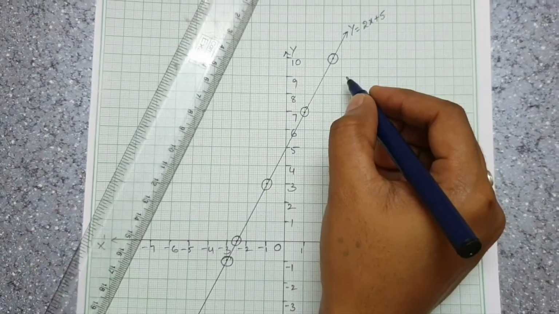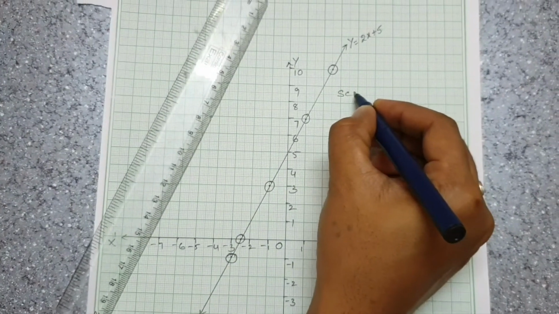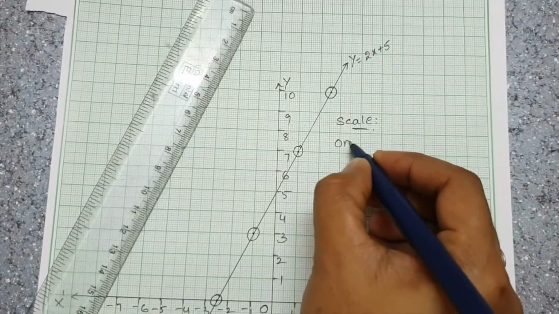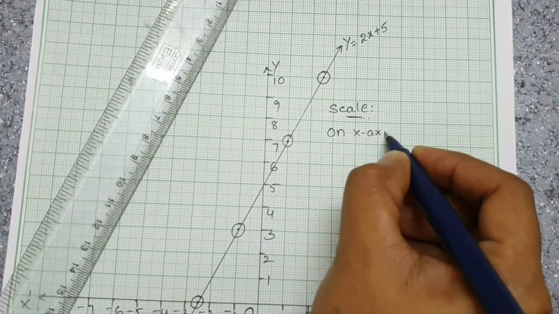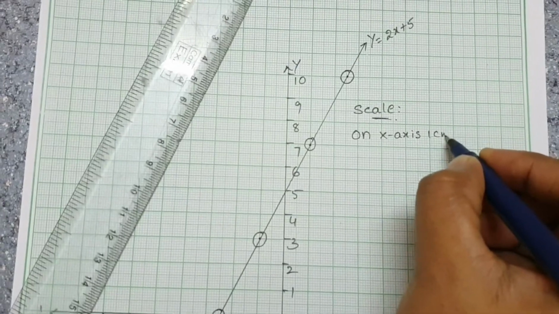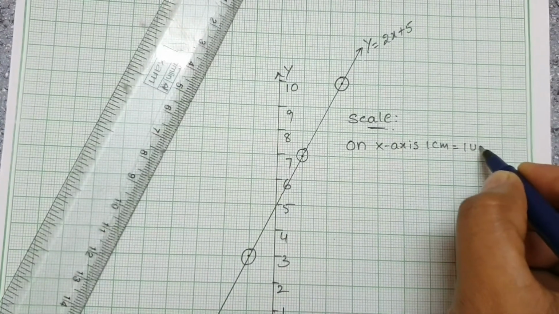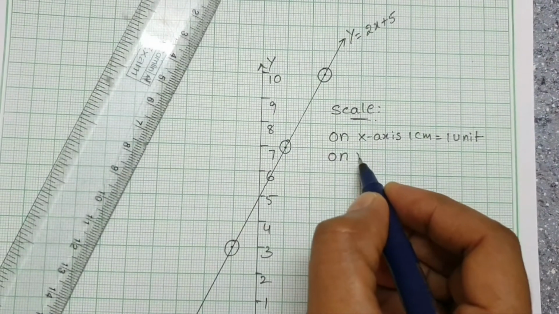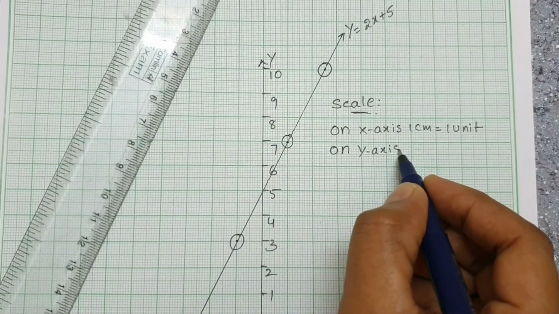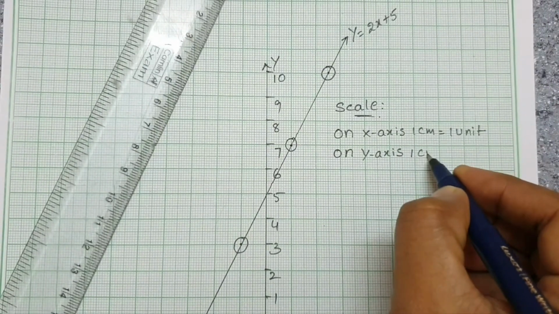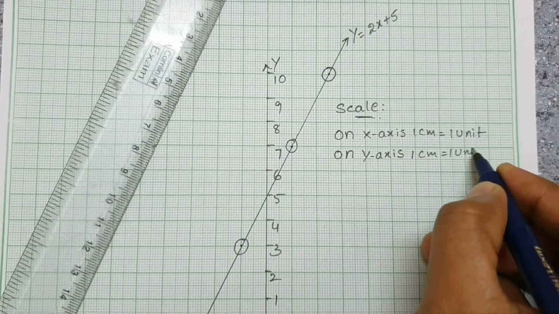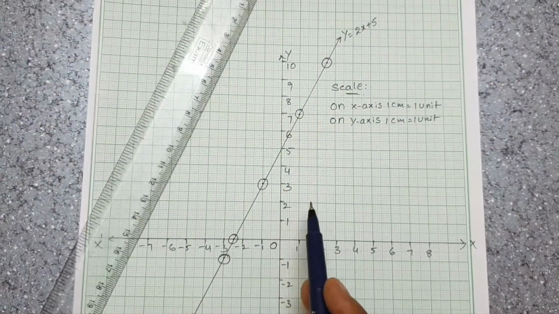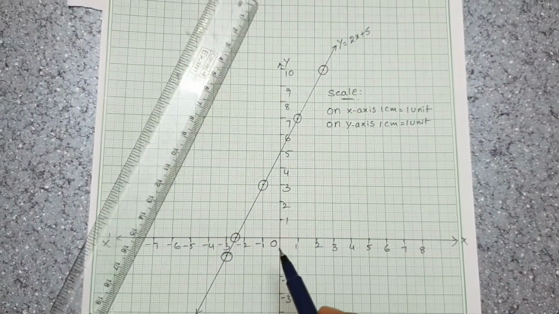Next, the last step is the scale: on the x-axis 1 centimeter equal to 1 unit, and on the y-axis 1 centimeter equal to 1 unit. So this is the graph of y equal to 2x plus 5.